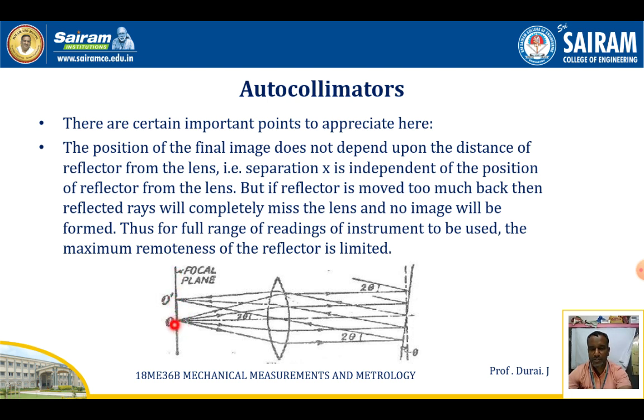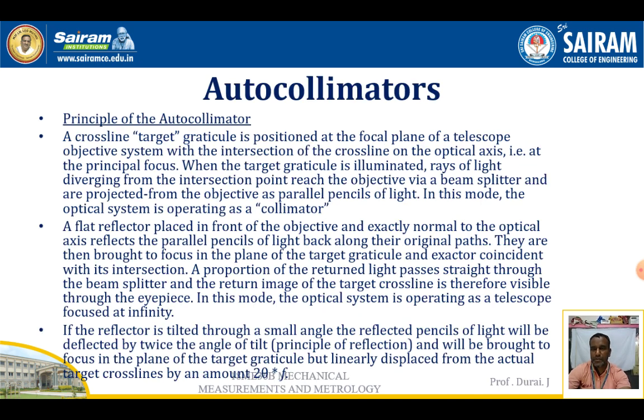The difference between O and O dash is the angle of the component. This is calculated with the help of the reading mounted on the lens. In this manner the autocollimator works.